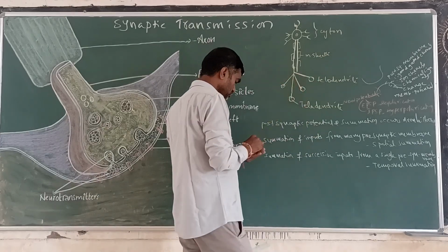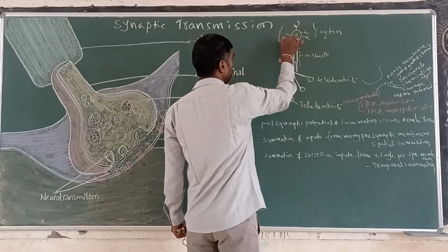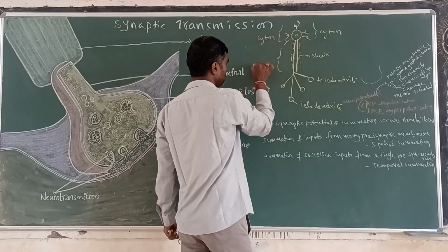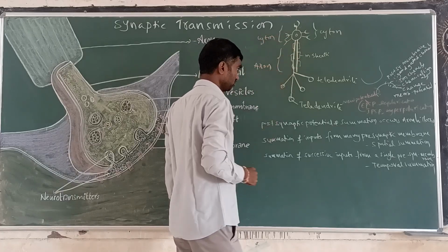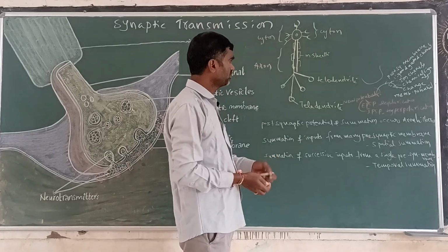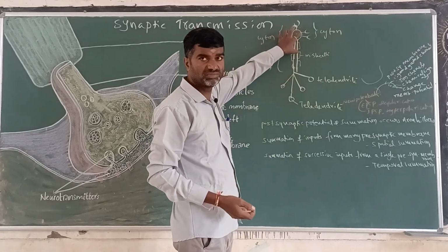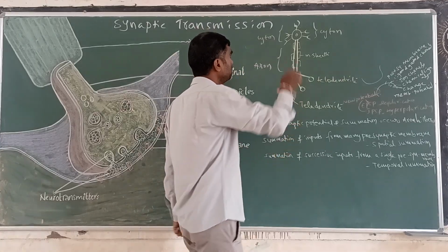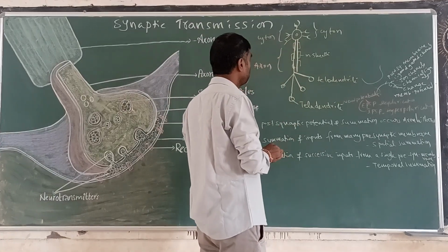So this region is called the cyton region, and this region is called the axon region. This is the structure of a neuron. Now the messages reach the dendrite region.